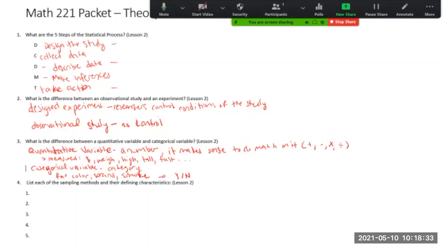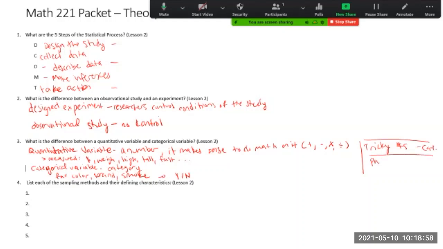Some tricky ones are where it looks like a number and it's actually a categorical variable. I'll have some examples over here on the side. Tricky numbers. So these are actually categorical.